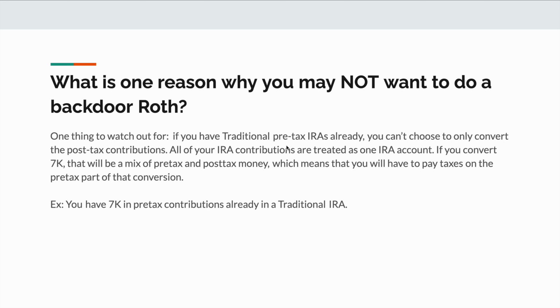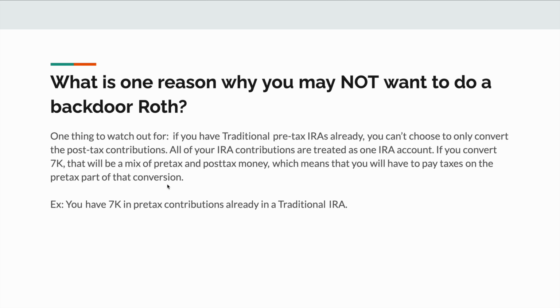All the traditional IRA contributions are sort of treated as one IRA account. So let's say you're converting that $7,000, it's going to have a mix of pre and post-tax money in it, which means you're going to have to pay taxes on the pre-tax ratio of that conversion.